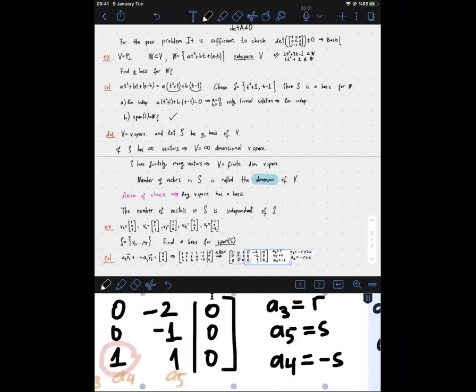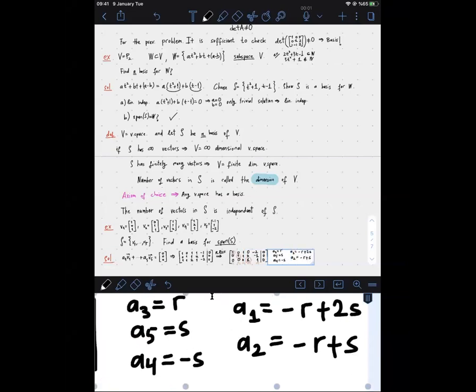I'm basically solving these equations. If I do that, I get this. So there are infinitely many solutions with 2 parameters.